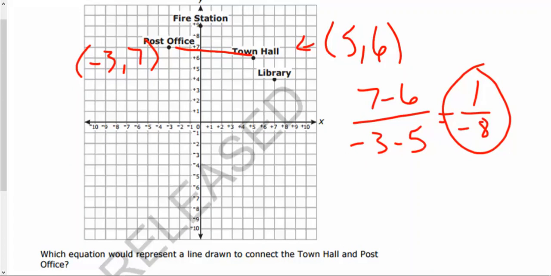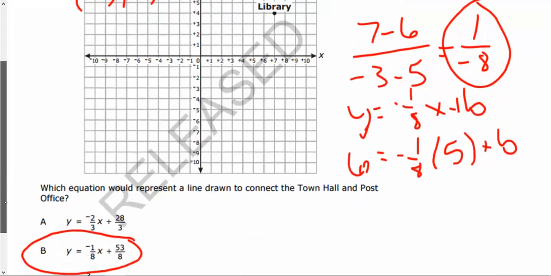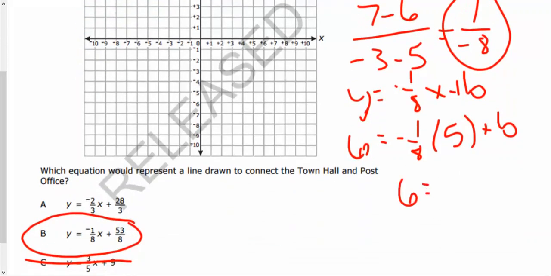So we're going to say that y equals negative 1/8 x plus b. We're going to plug in 6 for y and 5 for x. And so 6 equals negative 5/8 plus b. And I'm going to change the 6 to get a common denominator with an 8 and make it 48 over 8.